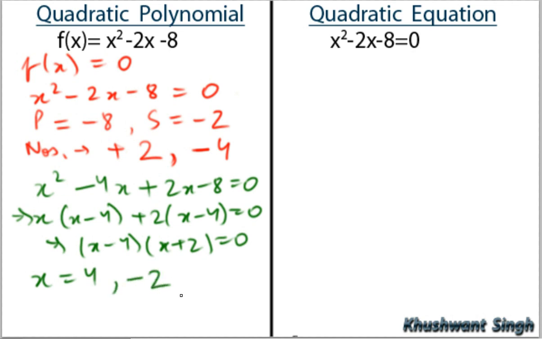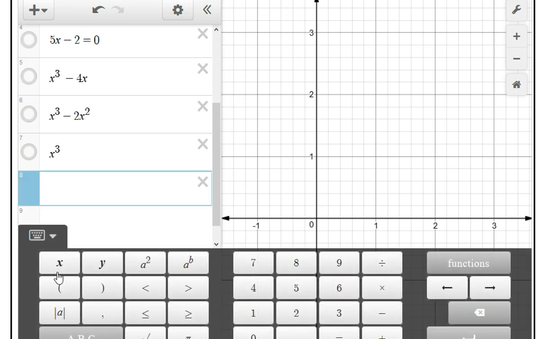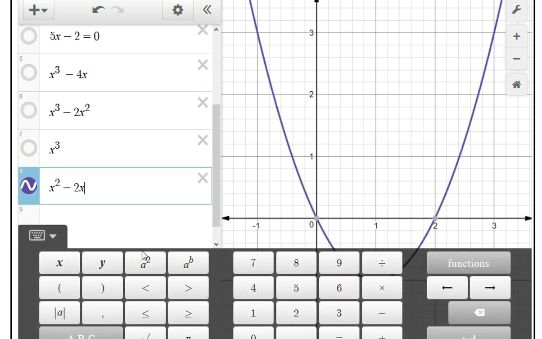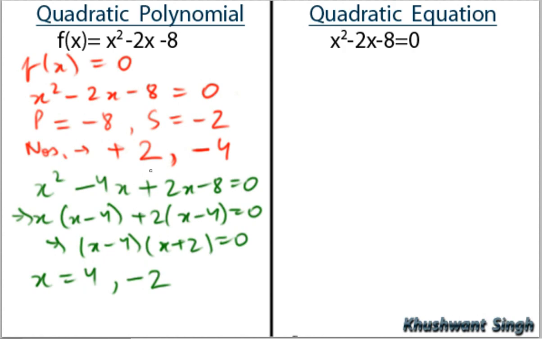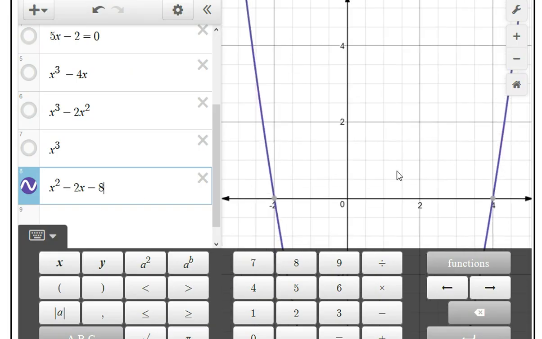Now let us see this thing in the graph. x square minus 2x minus 8. Now let us zoom out.